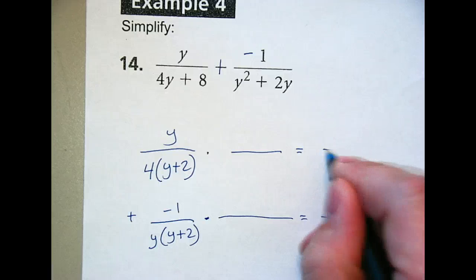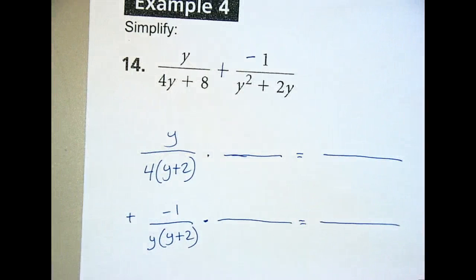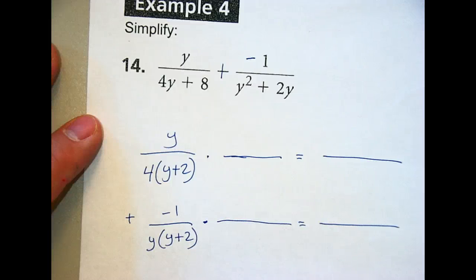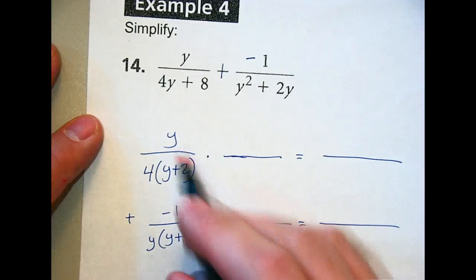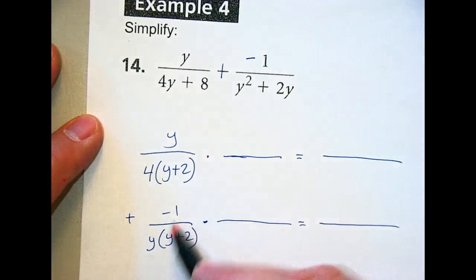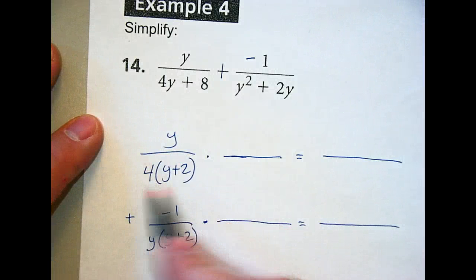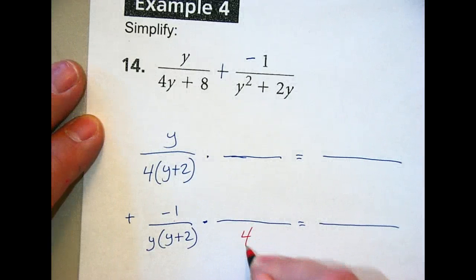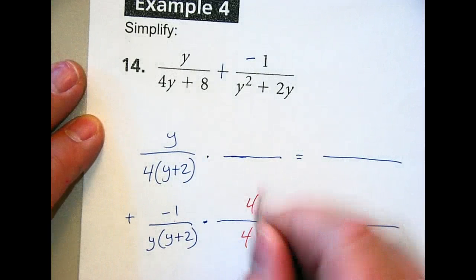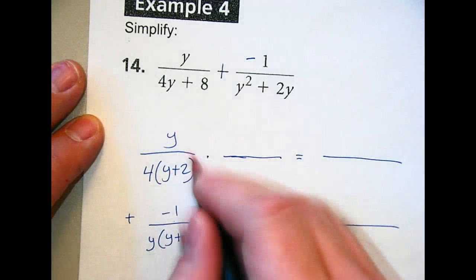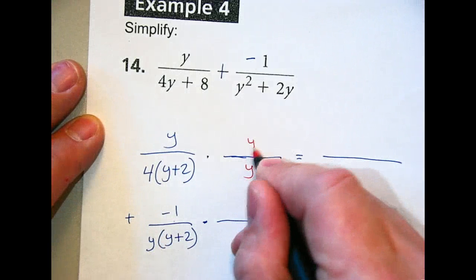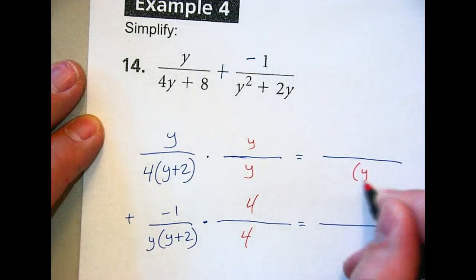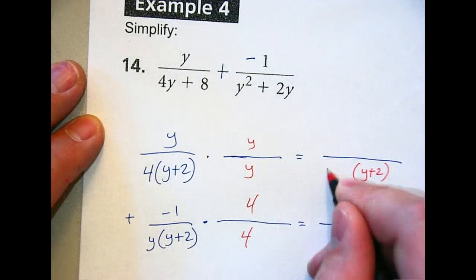Always good to see if you can cancel anything. Can we cancel? No canceling there. Nothing on the top and the bottom here. Nothing top, bottom here. What does this one have that this one needs? A 4. What does this one have that this one needs? That extra y. Okay, they both have the y plus 2. You need the 4 and the y.